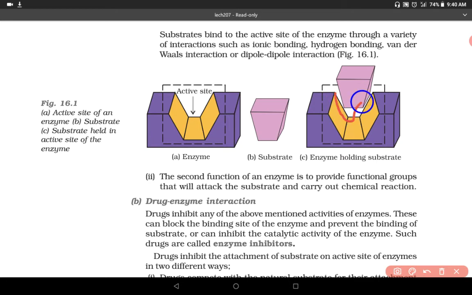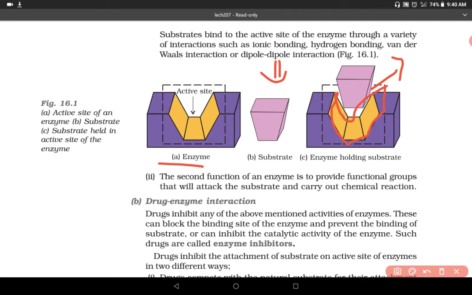The answer is that it takes place by hydrogen bonding, ionic bonding, or van der Waals, which is a weak interaction, or dipole interaction. Through any one of these, the substrate will fit into the active site of an enzyme. You can see this is a substrate and this is an enzyme.